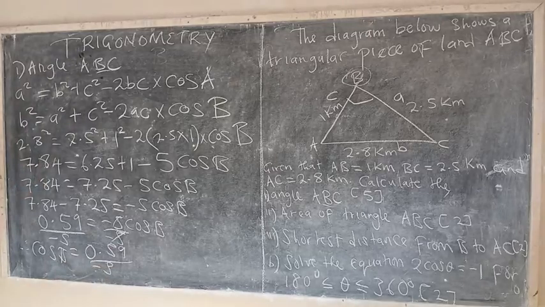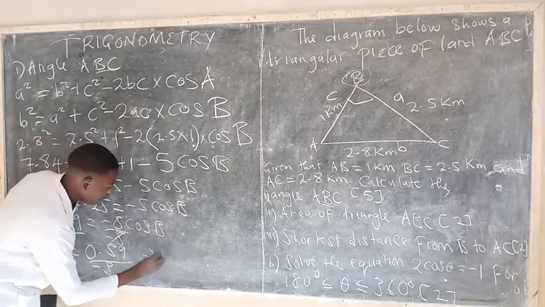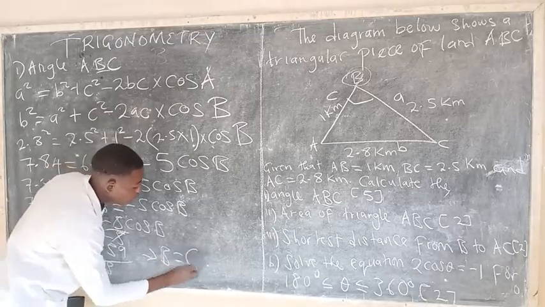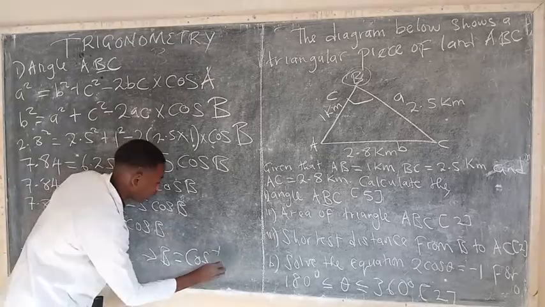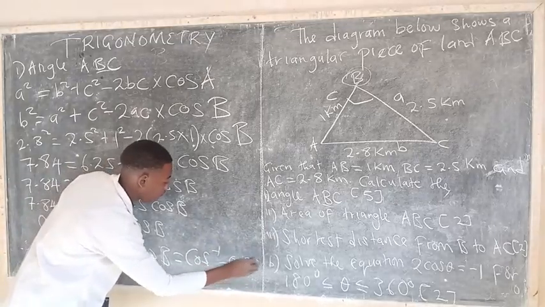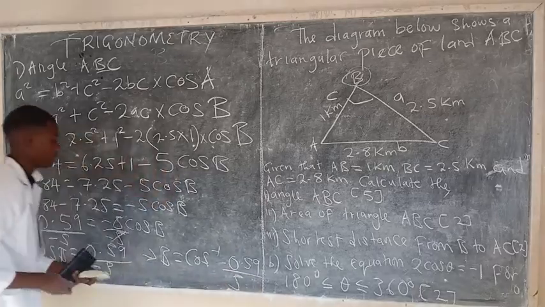In order for us to find the value, we are going to use cos inverse. So B should be equal to cos inverse of negative 0.59 over 5.